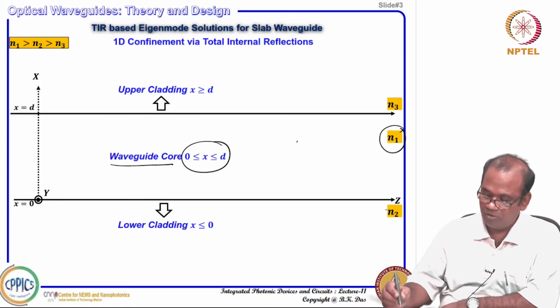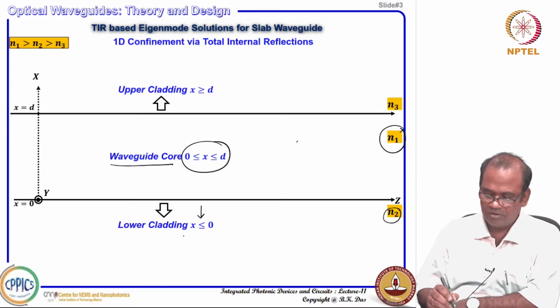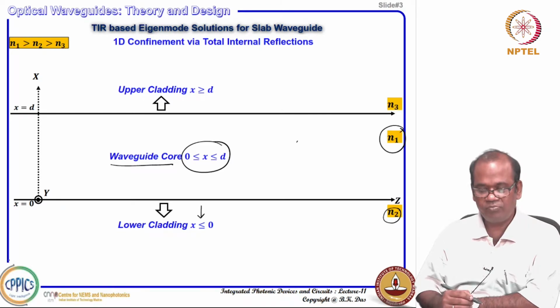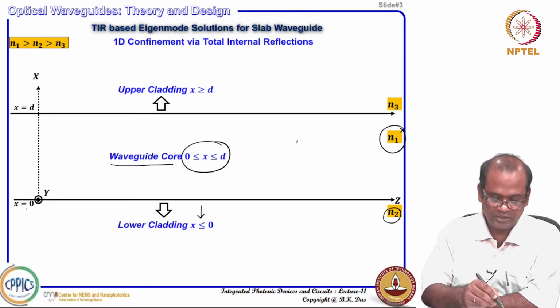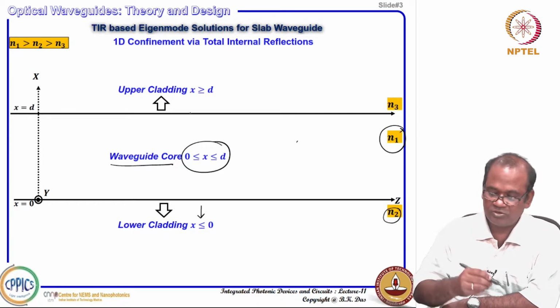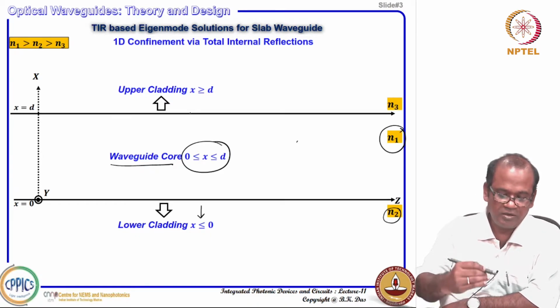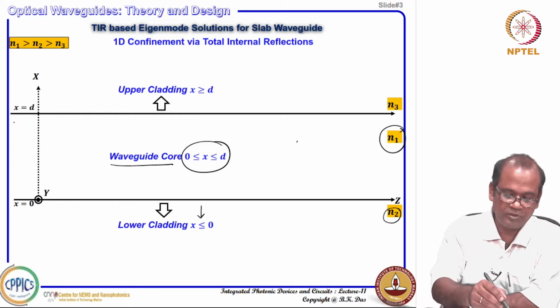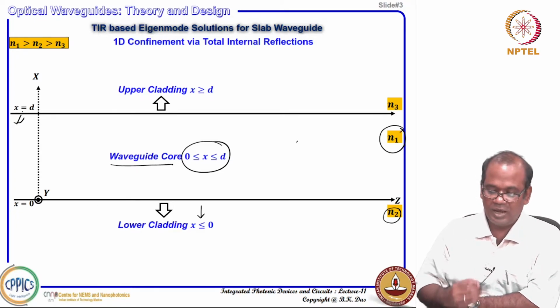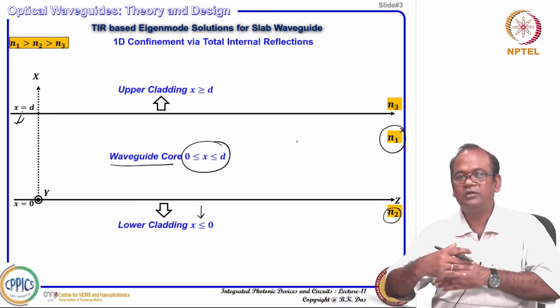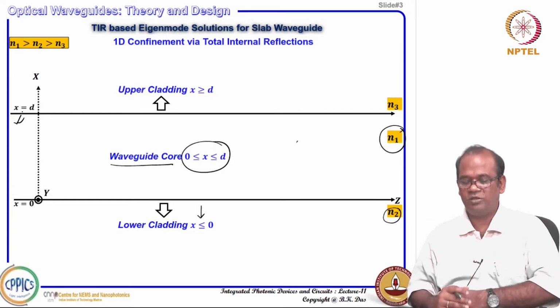Your lower cladding has refractive index N2, that is the region x less than 0. The interface is always a yz plane at x equal to 0, and another yz plane at x equal to d. We are considering this yz plane to be infinitely extended for the moment.